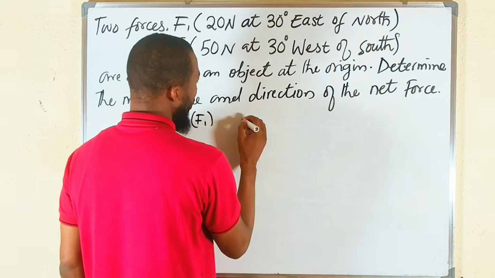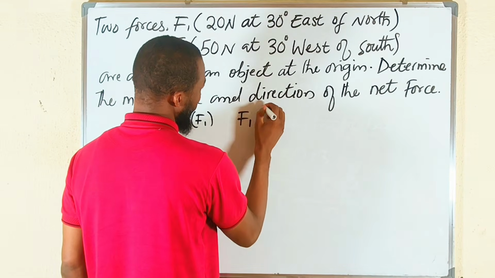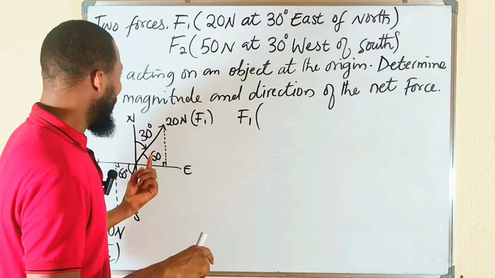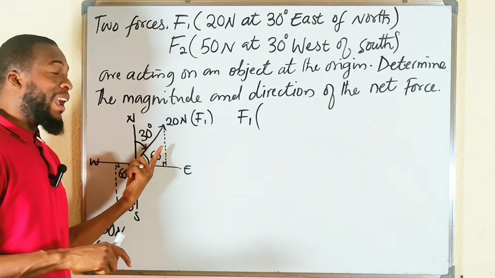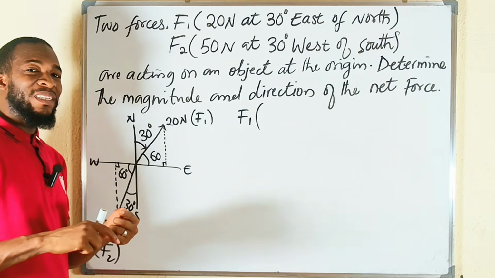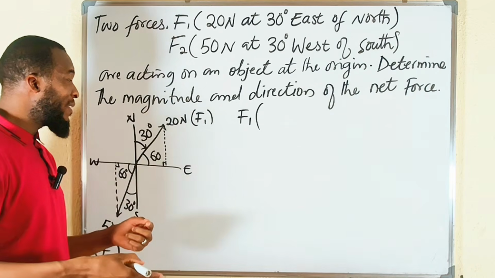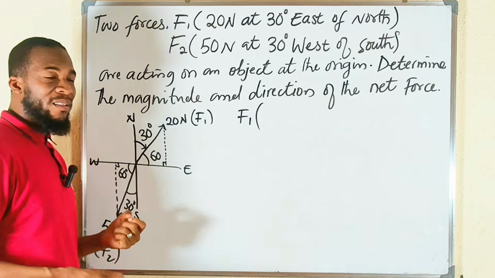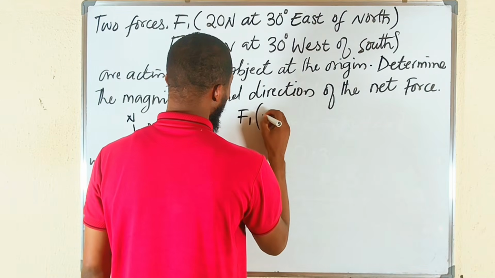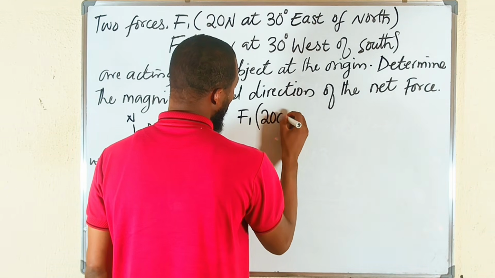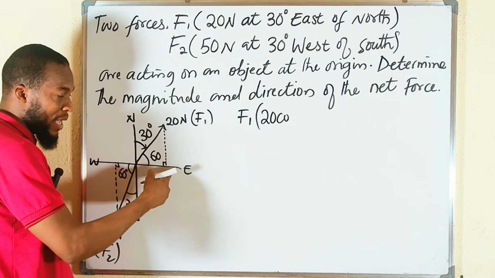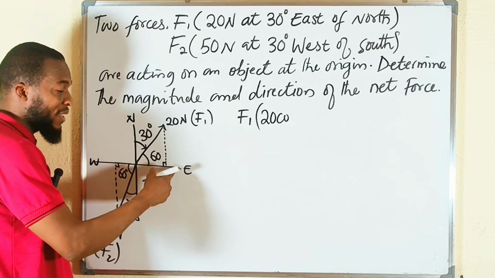So let's start with force number 1. The x component there, remember we have learned that the x component is always R cos theta. But this time around, we have to consider 20 newtons as our R. That is the magnitude, right? 20 cos this particular angle, which is from the standard position, that is the x-axis.